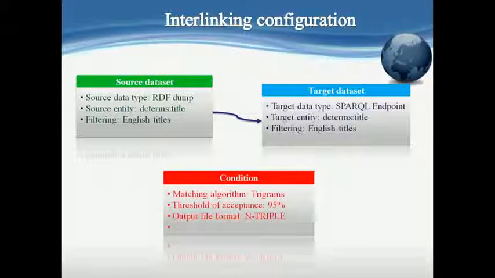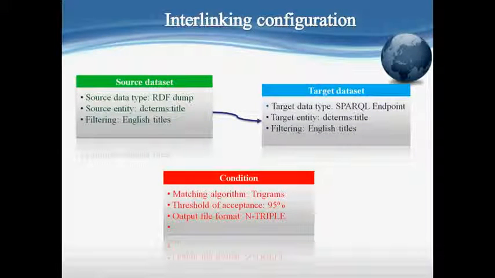And there are some conditions. You can specify the matching algorithms between the text or strings, and you can specify a threshold. For example, when you say 90% similarity between two terms, it means that if two terms or two strings have more than 90, 95, let's say, similarity, the interlinking tool should consider these two strings as matched terms or matched entities as well.